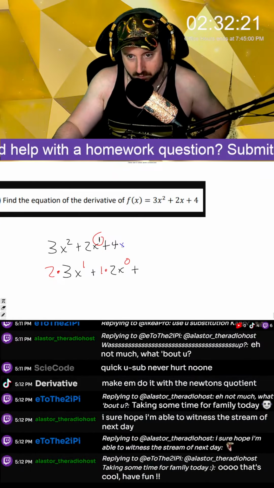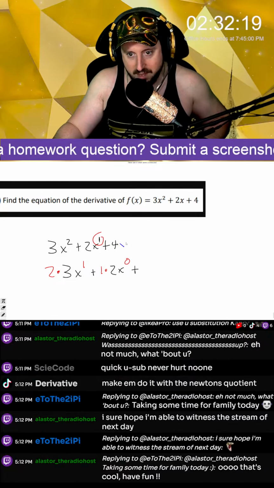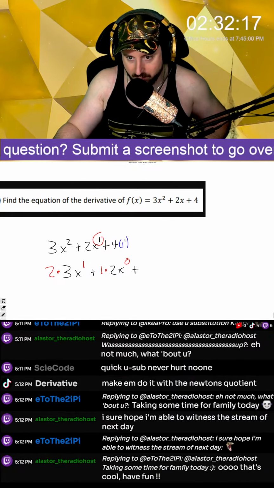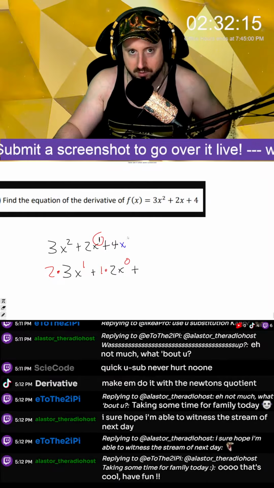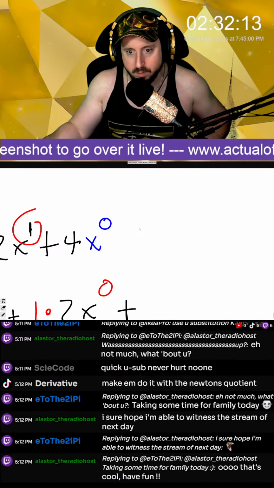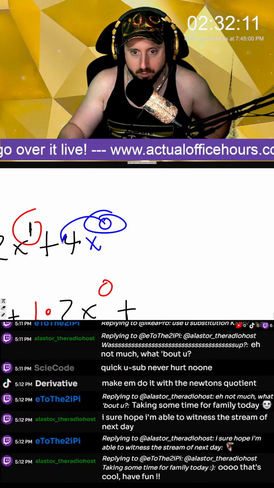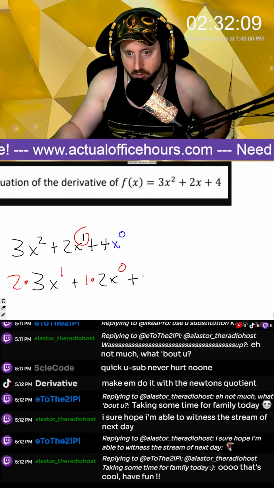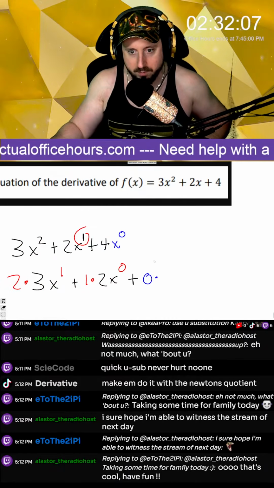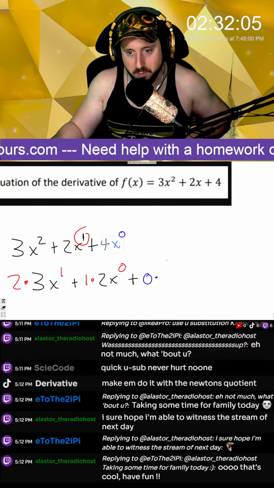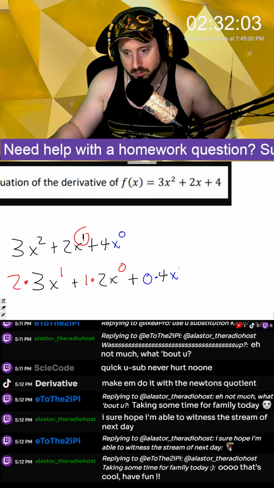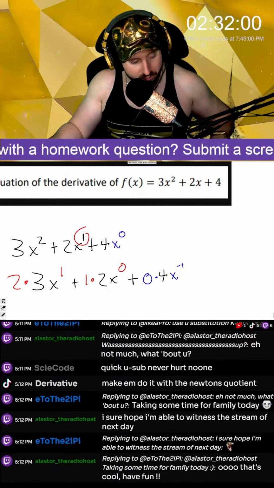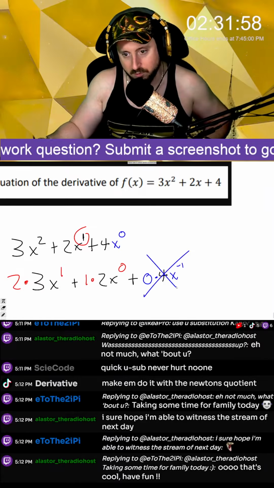But if you want to see why, just having nothing, no x's on it, like just a 1 like this, is the same thing as x to the 0. And you can then pull this down. So then you get 0 times, I guess this would be 4x technically to the minus 1. But 0 times whatever is 0. So this just goes away.